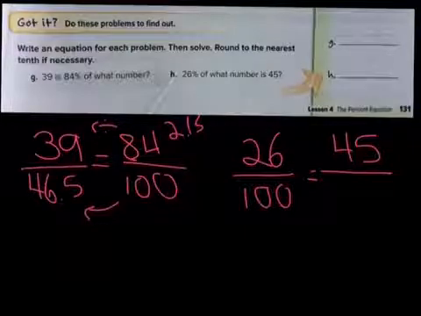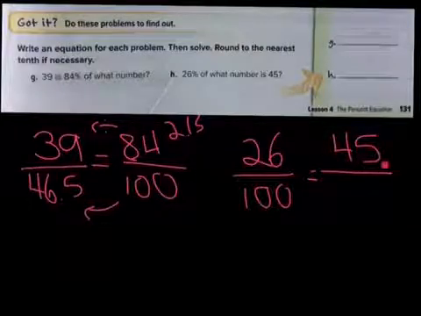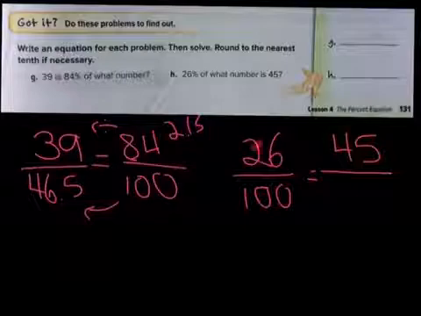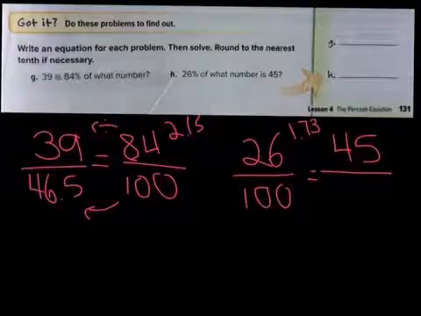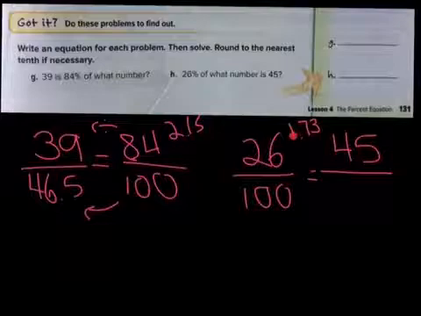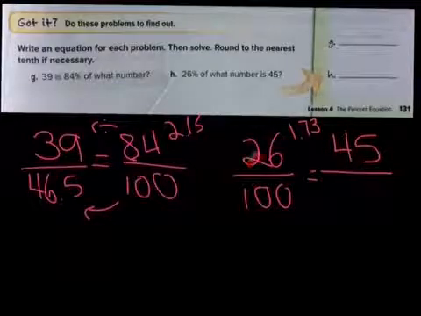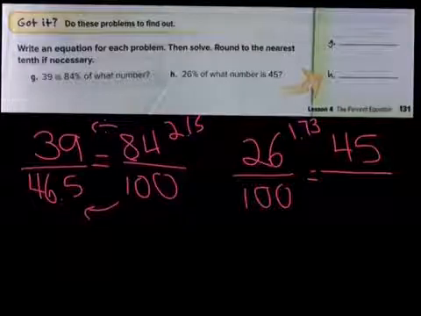Same here, same for 26. What did you do to 26 to make it 45? That's not easy to know, so you can just take your 45 and divide it by 26 so that you get the number that you multiplied it by. So you take 45 divided by 26, and you get 1.73. To go this way, you divide by 1.73, or to go this way, you multiply by 1.73, right?